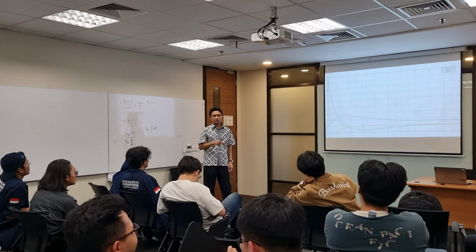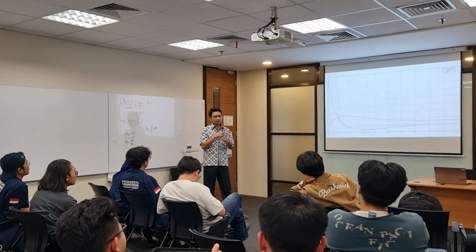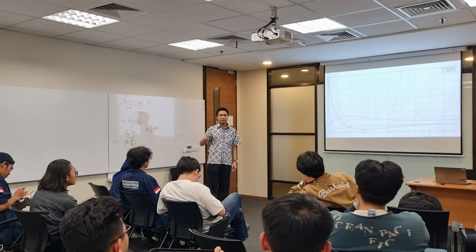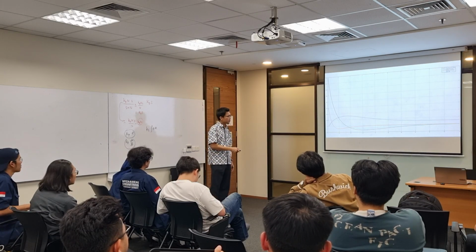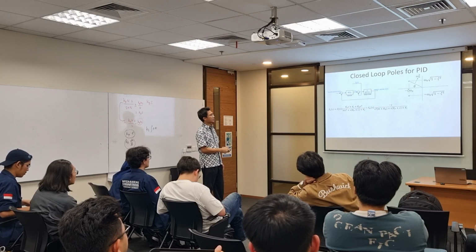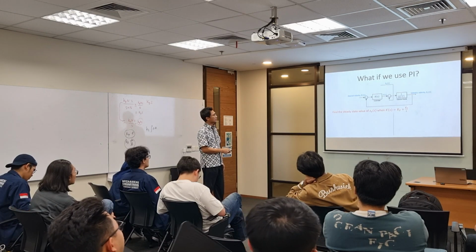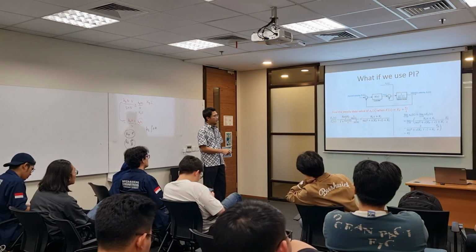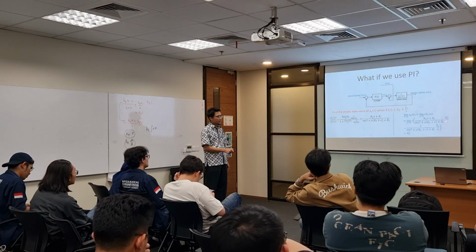You see in our derivation last Monday, when we derived the steady state value, I think we have it here. Yeah, the one that is canceling out is the integral.